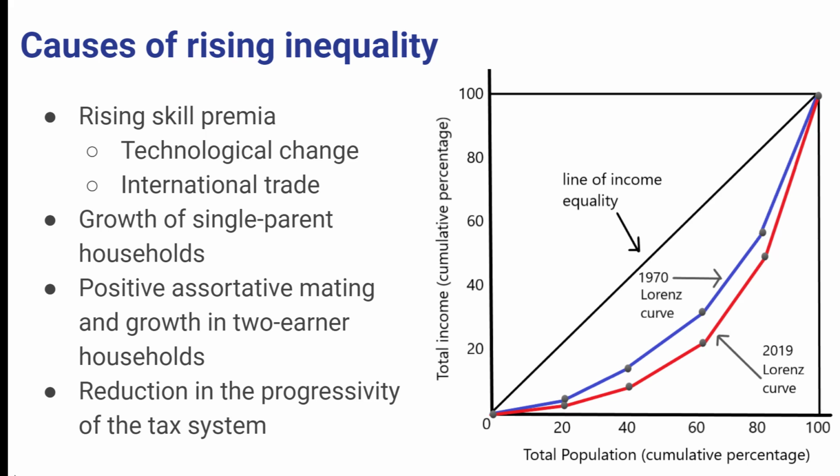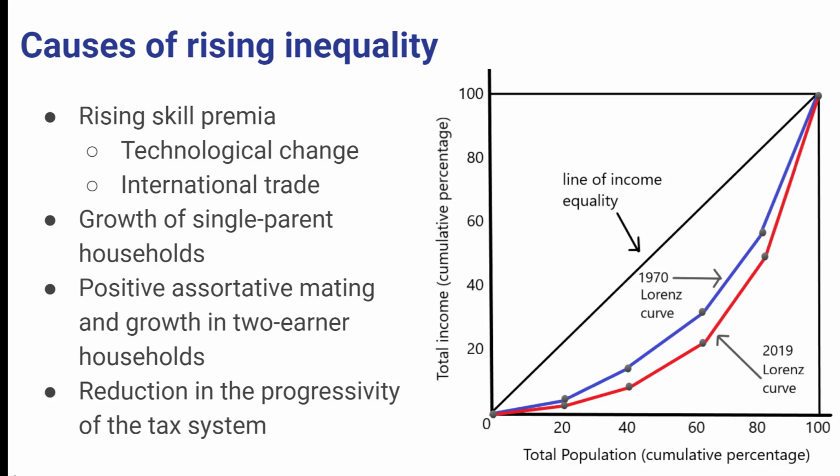Essentially, a progressive tax structure taxes higher income individuals at a higher rate than low income individuals. And the degree of progressivity of the tax structure declined with the tax cuts during the Reagan, George W. Bush, and Trump administrations, because in each case, taxes were disproportionately lowered for those individuals with higher incomes. That tends to lead to an increase in income inequality.